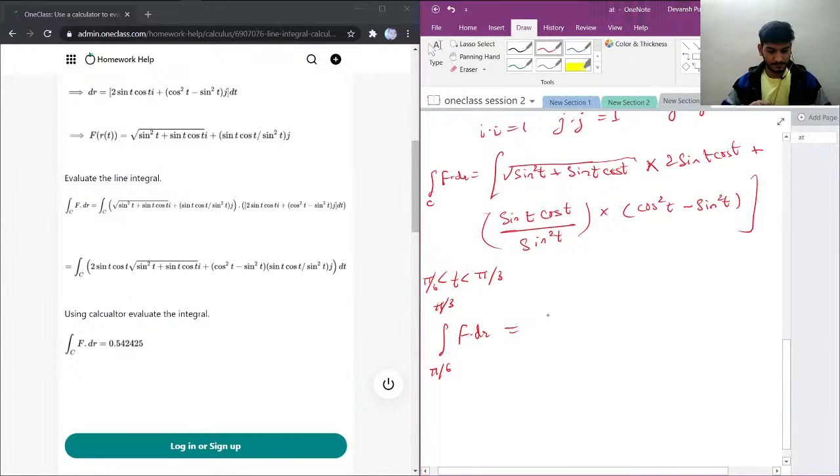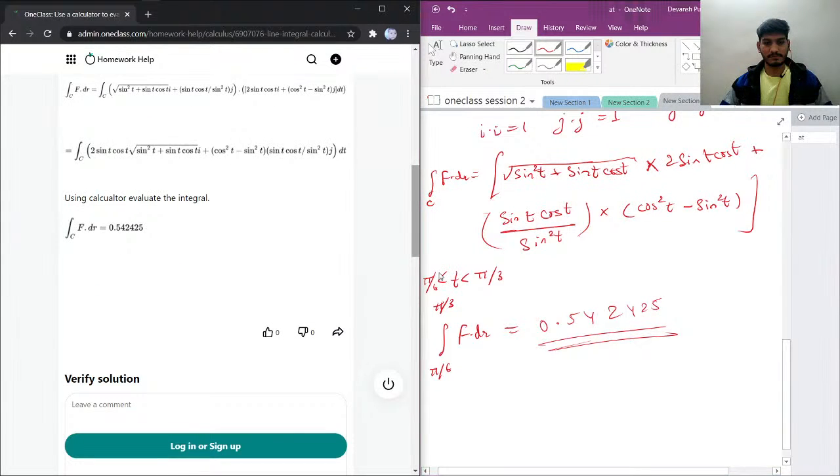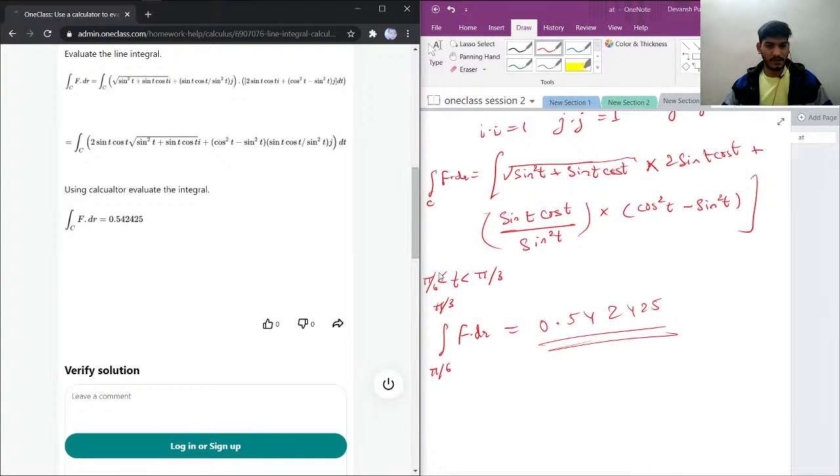So yeah, the result is correct. It is 0.542425. So the solution given here is correct.